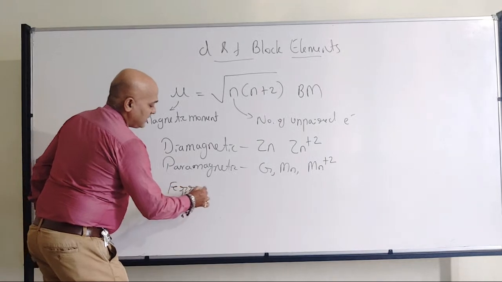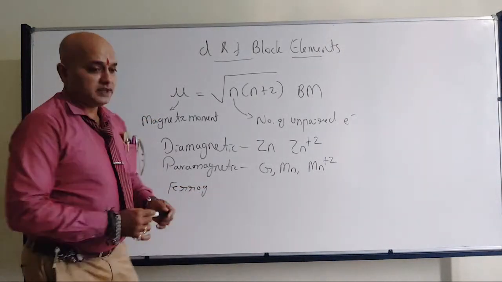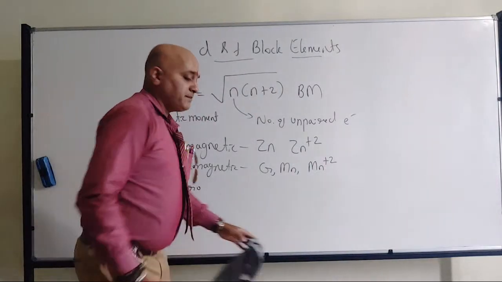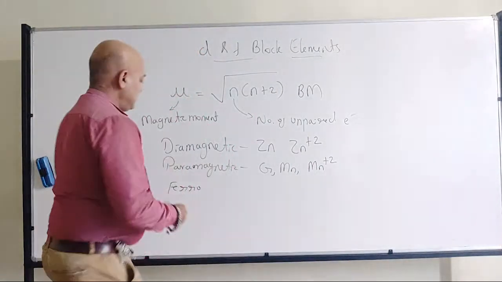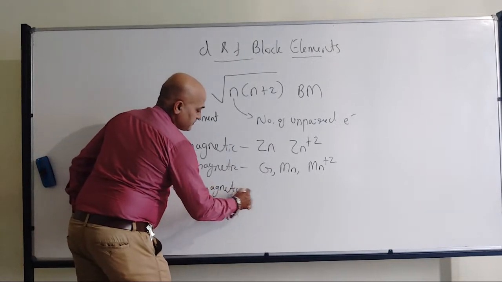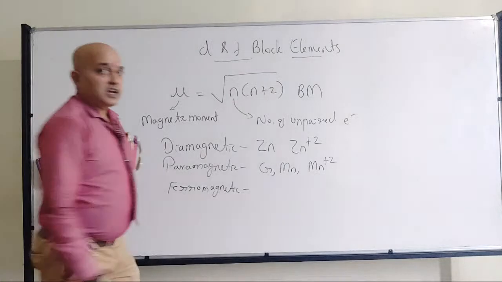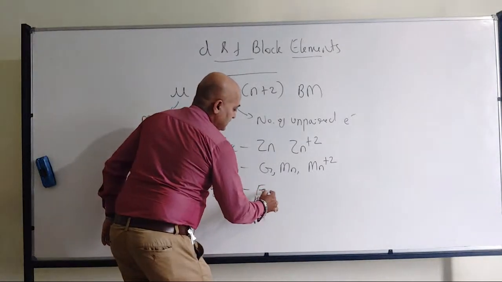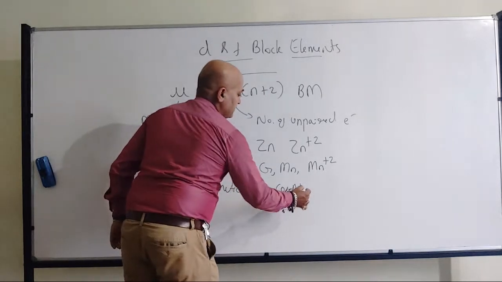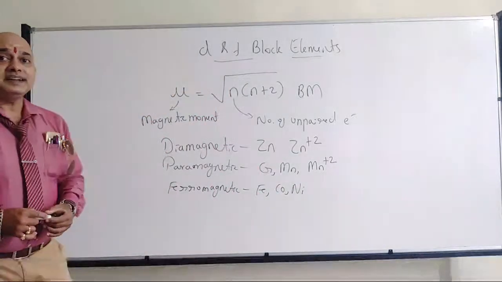Then we have the ferromagnetic property, or ferromagnetism, showing elements. So which are those? That is iron, cobalt and nickel.